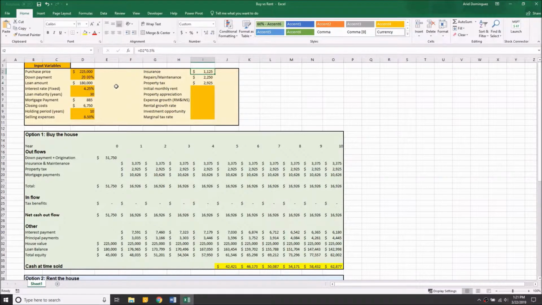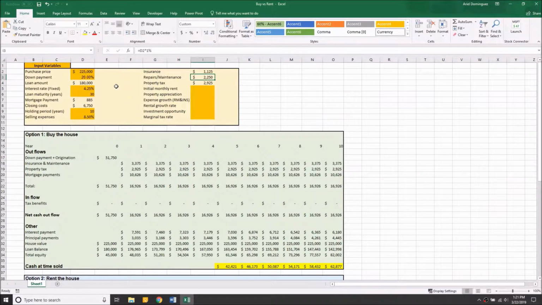Next, we have insurance. If you buy the home, you're going to have to carry insurance on the property. The bank will require you to have insurance. And I went ahead and estimated 0.5% of the purchase price. Repairs and maintenance, as a homeowner, you're going to at one point replace the roof, maybe replace the AC, and have different expenses and different repairs along the way.